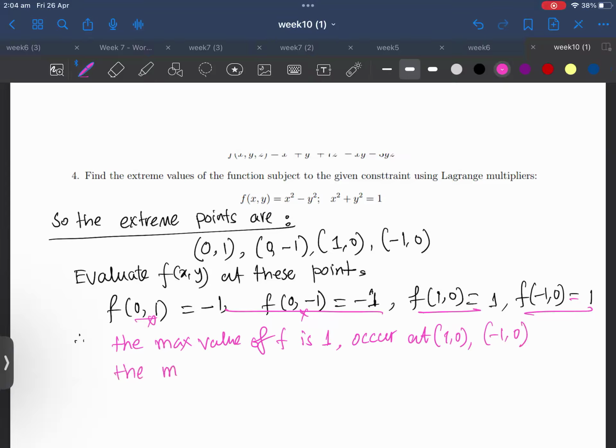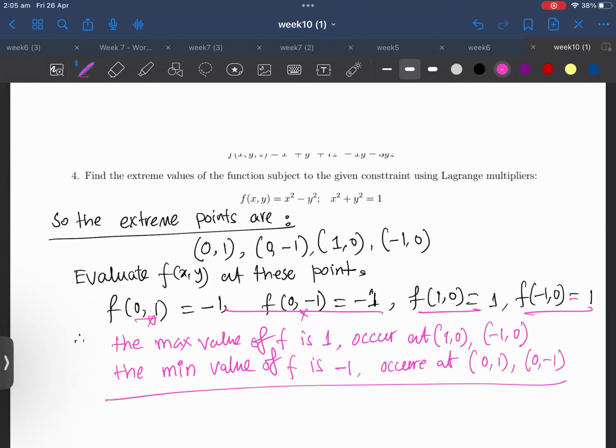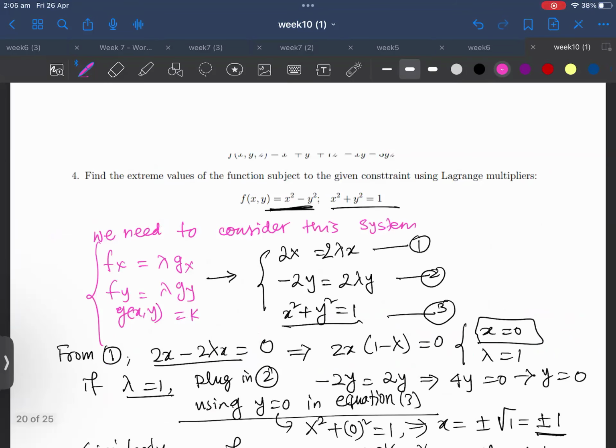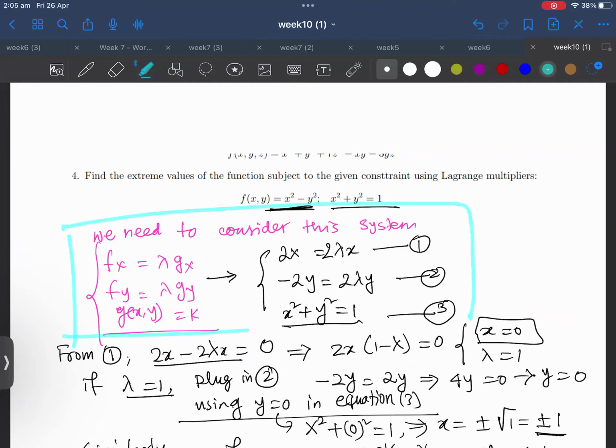And the min value of f is negative 1, occurring at (0, 1) and (0, minus 1). So this is the solution. Remember that to find the extreme values, we need this system to solve the problem.